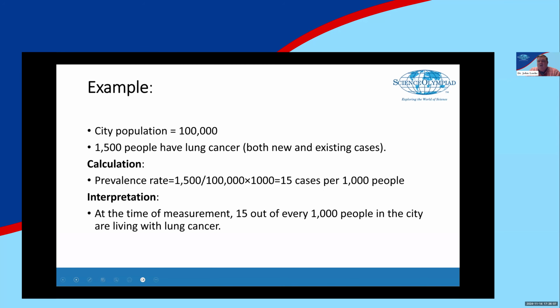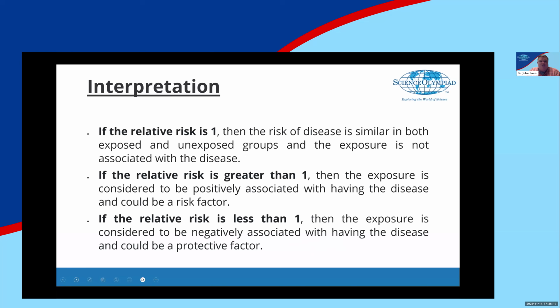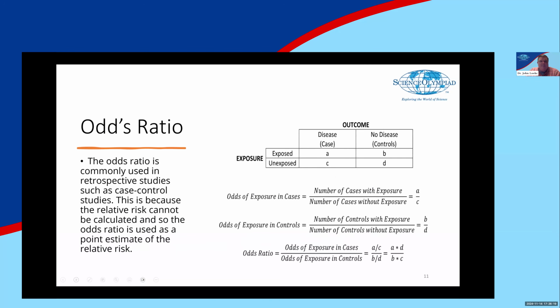Then looking here, Sukata asks, in the 2x2 table, can exposure and disease, the column and the row fields, be interchanged? You can interchange them, yes, but you cannot change this.